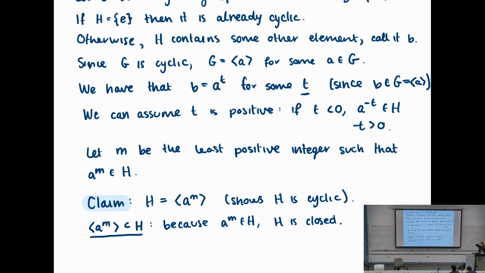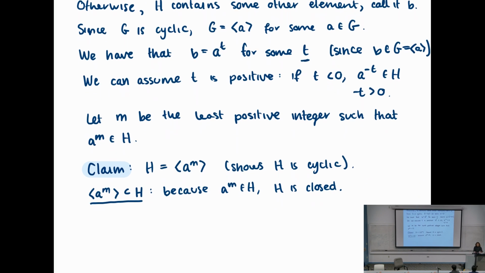Are there questions up to this point? Okay, so let's prove the other inclusion. So we'll show that H is contained in the subgroup generated by a to the m.